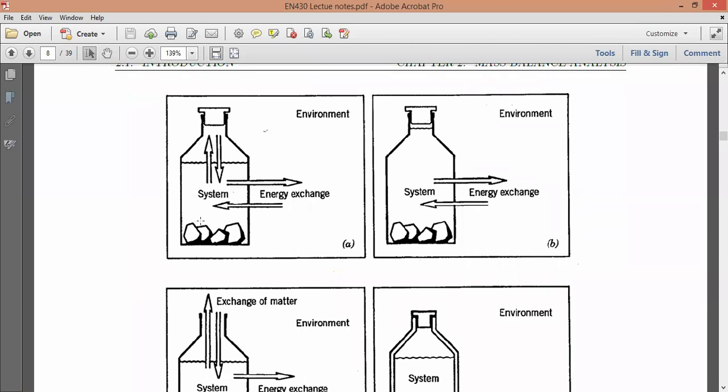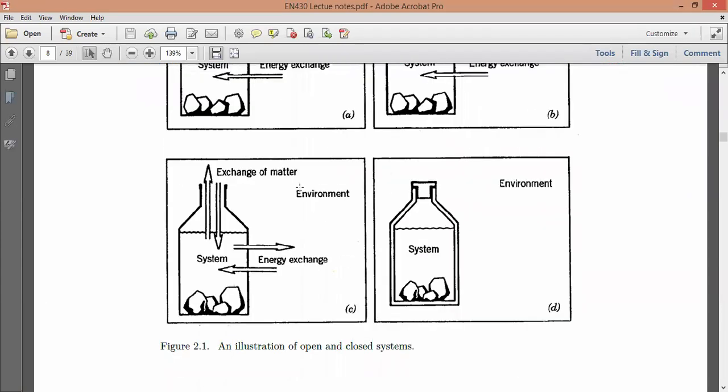And also as that cold Coke is warming up, there's some energy exchange happening between the environment and that bottle of Coke. That's maybe an example to give. For this one, it's something that's completely full. There's energy exchange happening with the environment. There's no internal energy exchange happening.